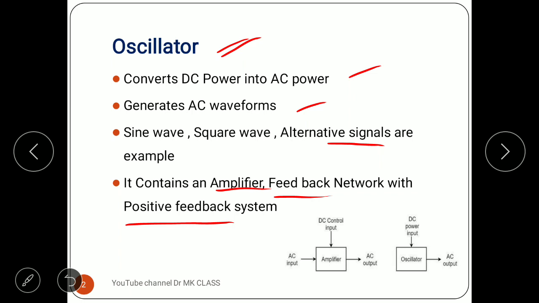It consumes DC and converts the AC input into an amplified AC output. Whereas in an oscillator, we give DC biasing and it gives an AC output without taking any input for amplification. An oscillator is a circuit which converts DC power into AC power, so the output will be AC.